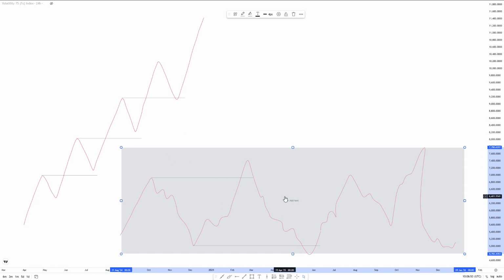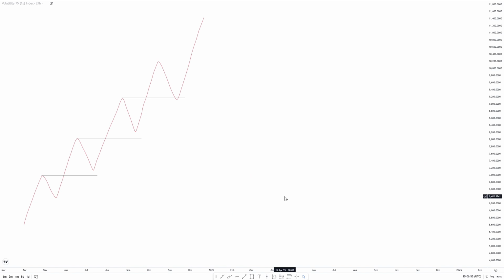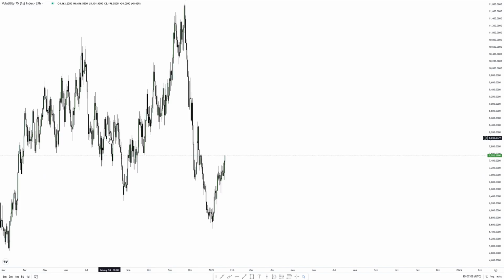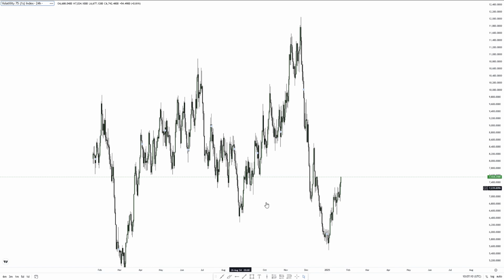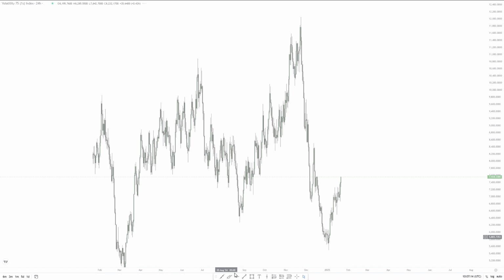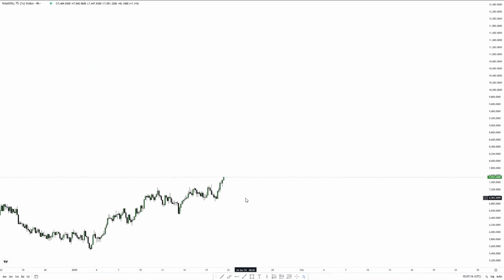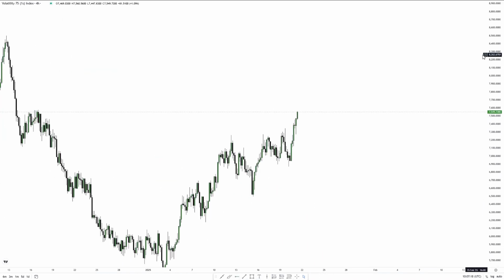Perfect. So let's look into the chart and just look into a proper market structure, like a real-time price market structure. Then we'll define some events on the chart. I'm going to look at this. In fact, let me go to a 4-hour of this chart right here so that I focus on this trend right here.